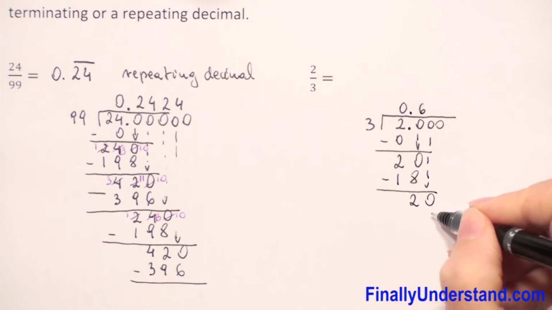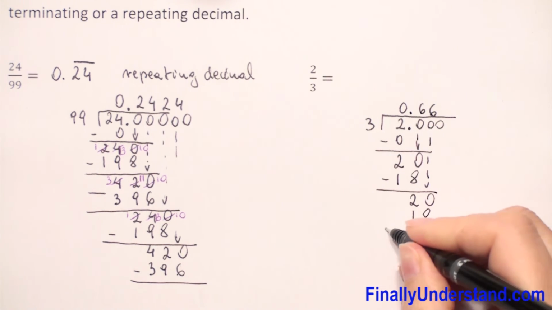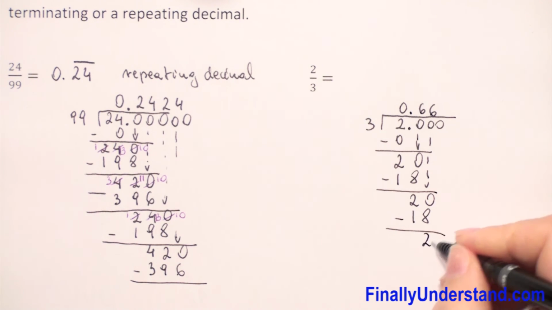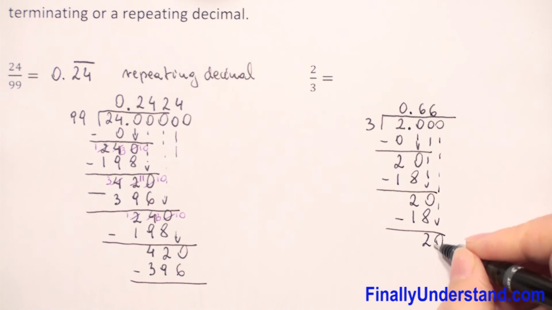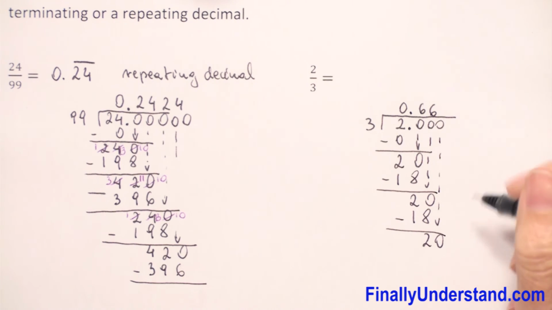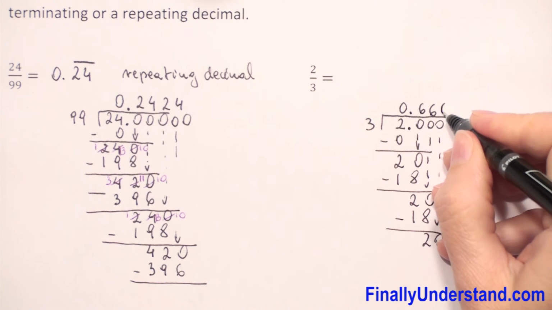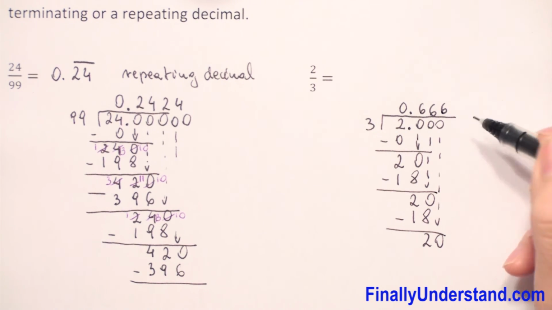Again, we have 20 divided by 3 is 6. 6 times 3 is 18. 20 minus 18 is 2. We take down the next 0. So again, we have 20. It will repeat. So it means that we cannot finish our long division.